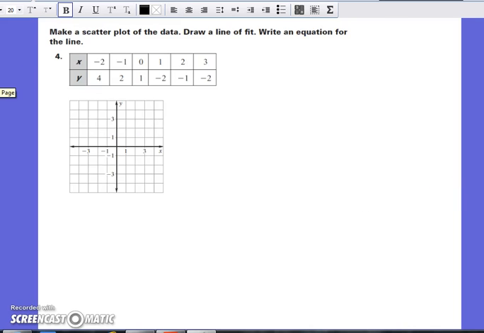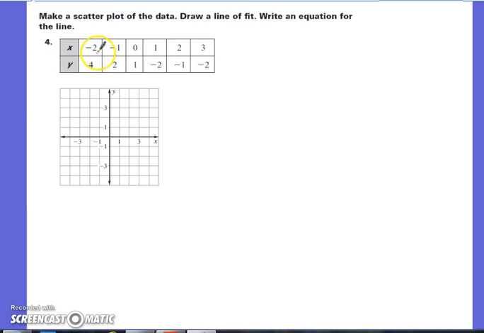Right, moving on. Here it says make a scatter plot. So these are ordered pairs. If x is negative 2, you go to negative 2, and then up to 4, and you put a dot. And then you go to negative 1, 2, and put a dot.